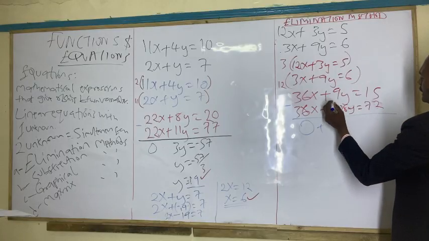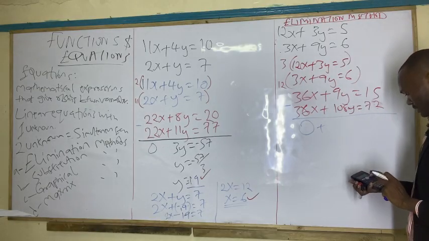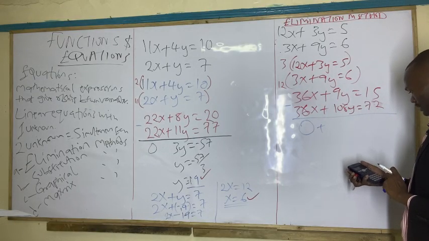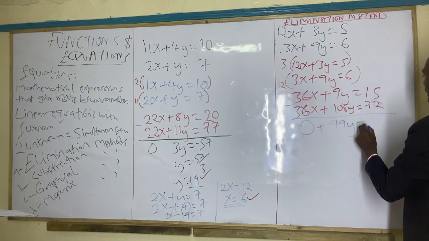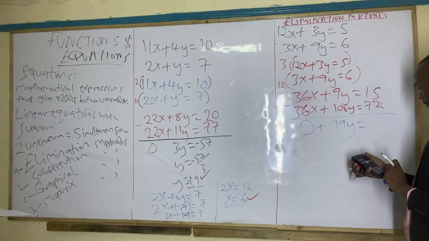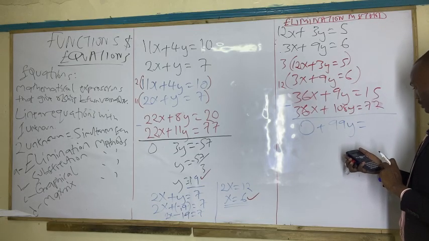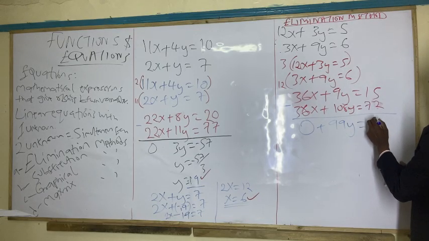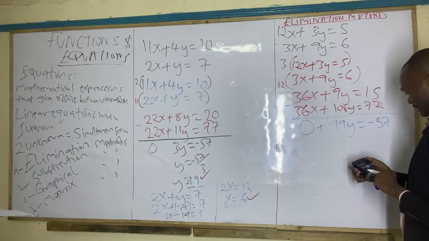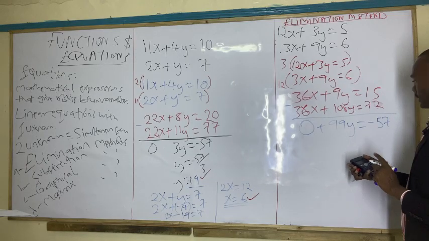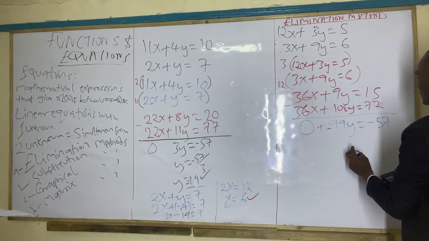So we say 9 minus 108, 99. 99y is equals to 15 minus 72, negative 57. 9 minus 108 should be a negative 99.